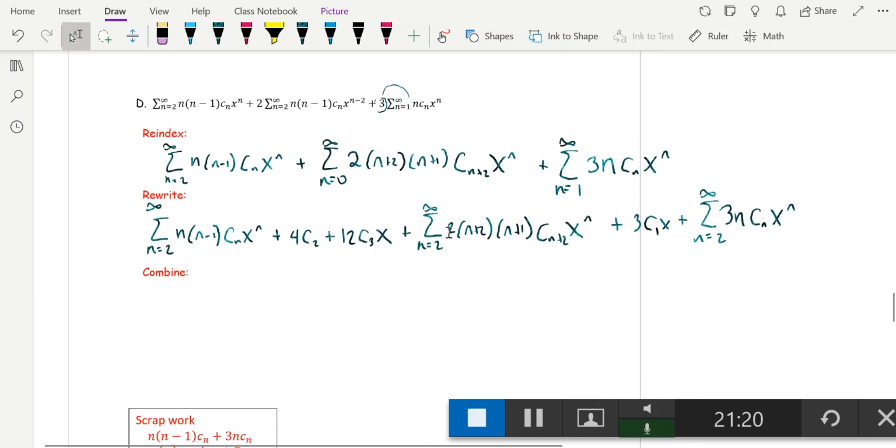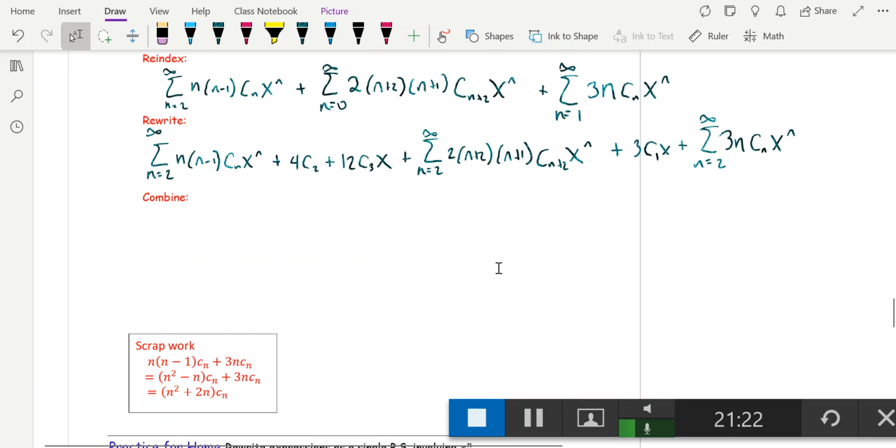So I'm going to pull off the terms first that aren't attached to a summation sign. So I'm going to have 4c2, bring that down. And then for the coefficient of x, I've got 12c3 and 3c1.